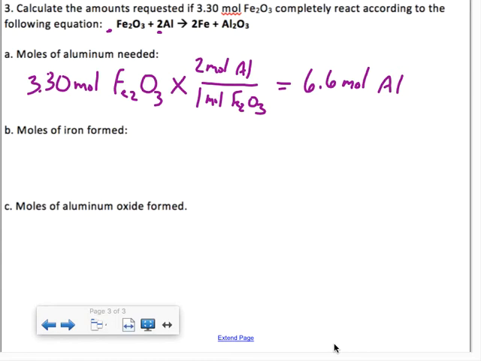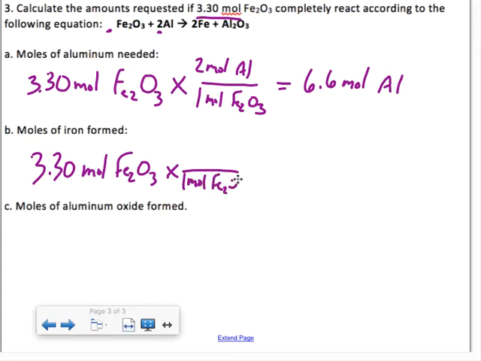Okay, moles of iron formed. So I'm just going to assume this is what I'm given. So you start with that. I'm in iron oxide. That's what's going to go on the bottom. I look at the chemical equation. It's going to be a 1 mole iron oxide.